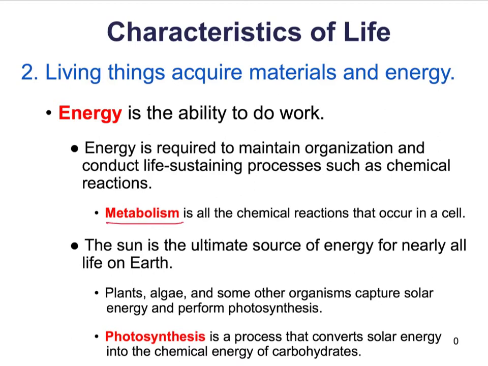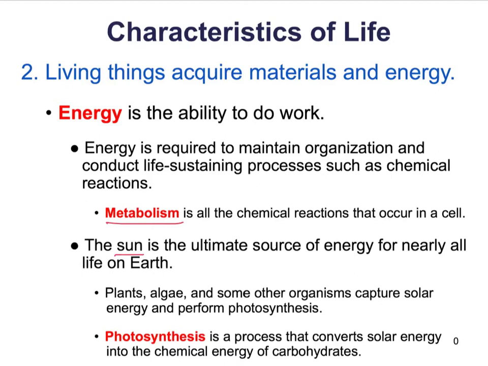Now, when you're looking at where the energy for all these chemical reactions comes from, it is the sun. The sun is the ultimate source of energy for nearly all life on Earth. That's because plants, algae, and some other organisms capture that solar energy and perform photosynthesis. Photosynthesis converts solar energy into chemical energy that other organisms can use.